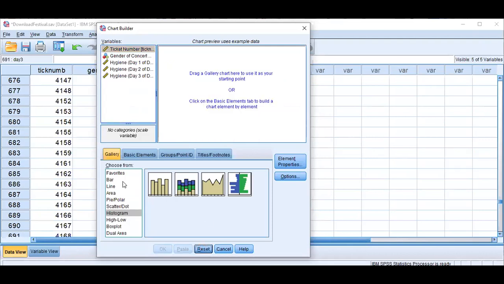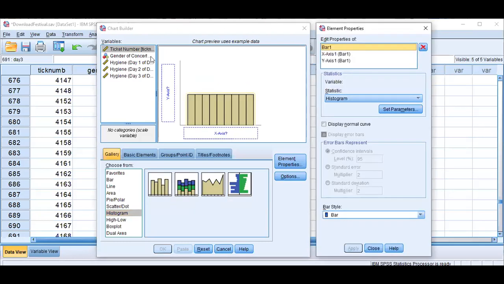There, if we want to make a bar chart, line, area, scatter, but here we want to create a histogram. So here I will tick here, and there are 4 types of histogram: simple histogram, stacked histogram, frequency polygon, population pyramid. So I will double click here, and then you can see my variable, that is score of day 1.